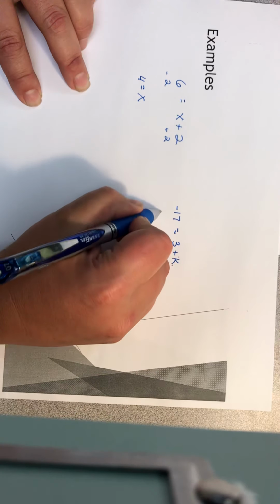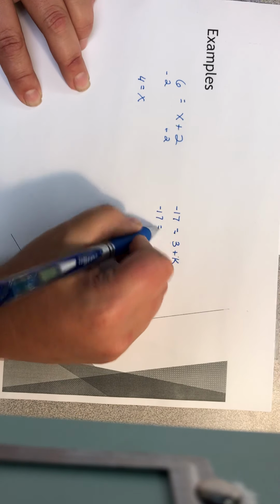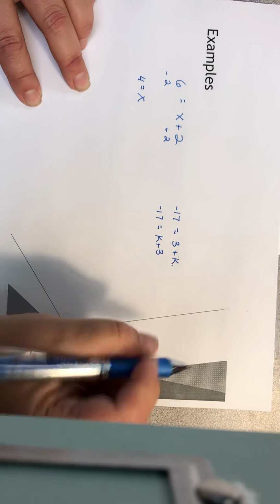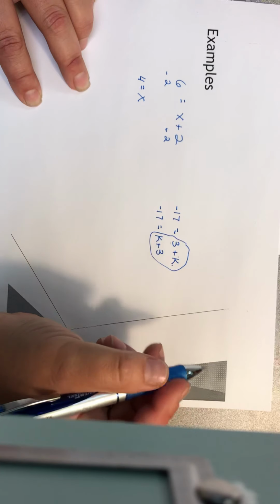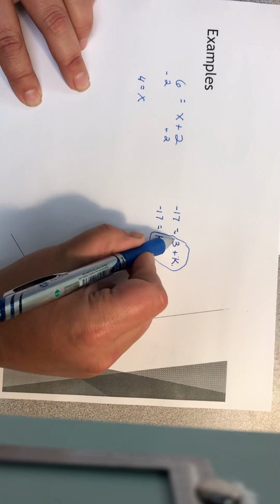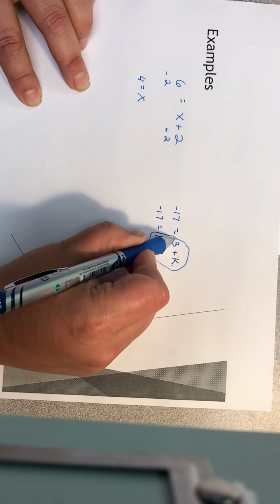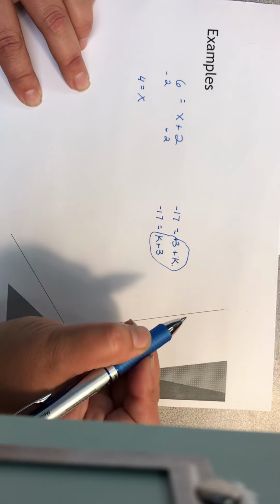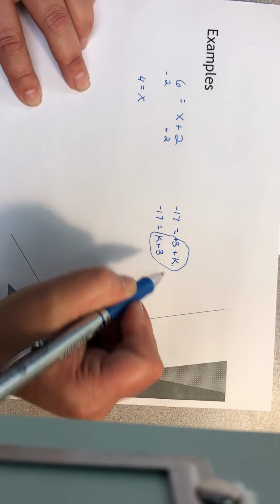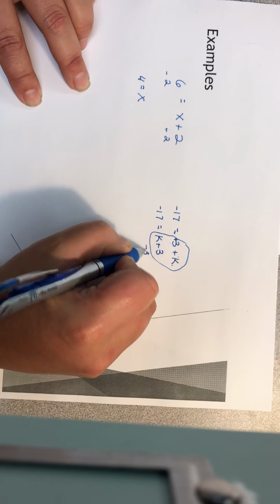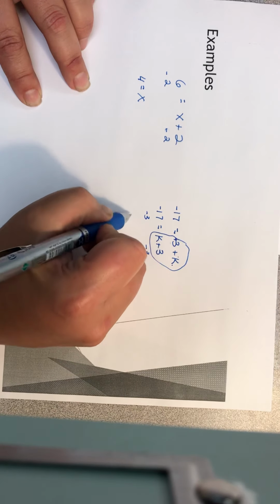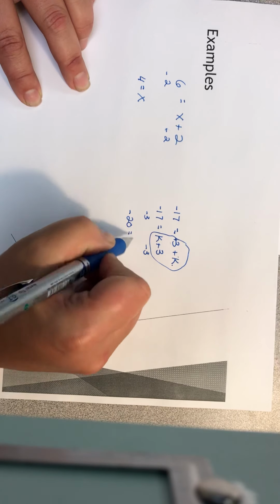So this is the same as k plus 3, right? These are equivalent expressions. Sometimes, when we write it this way, it's not obvious that this is an addition operator out here, but it is. So we need to subtract 3 from both sides. -3, -3, we get -20 equals k.